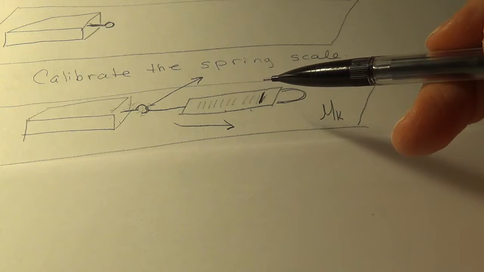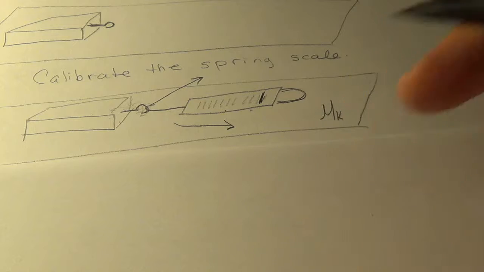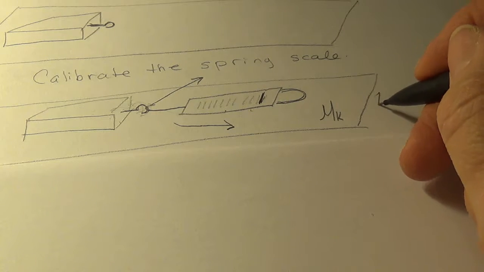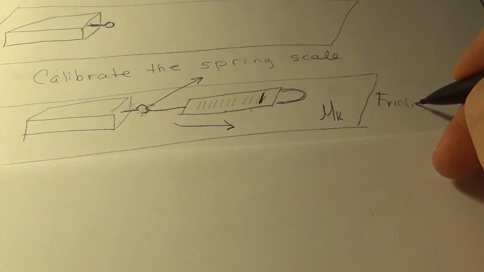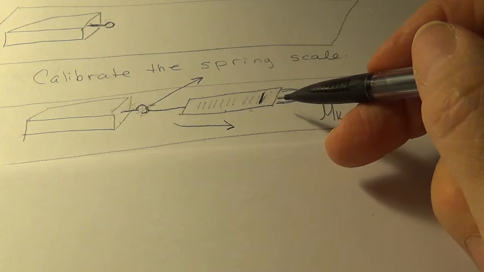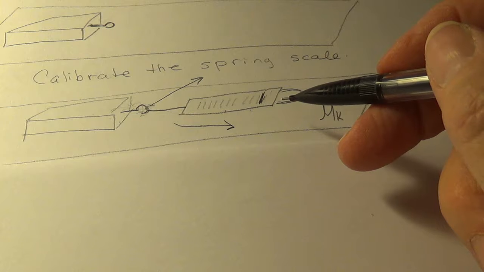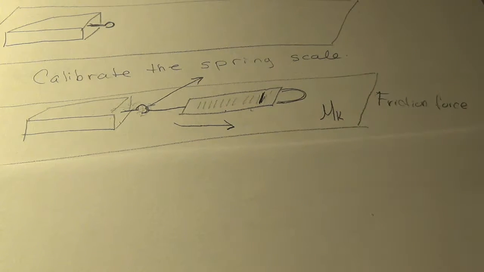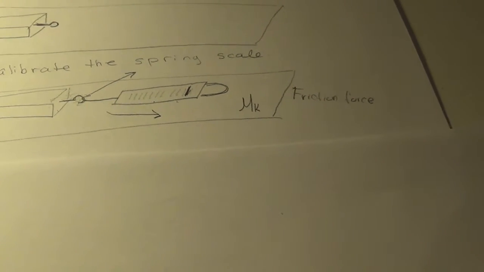So that will be called the friction force. This exercise will find the friction force. It will be read in newtons. I think there's 2 scales on those, grams and newtons, something like that. You want the Newton scale. So that'll come down in this chart.